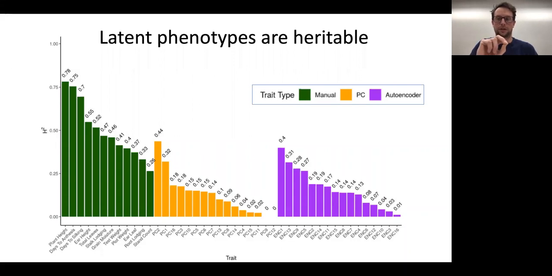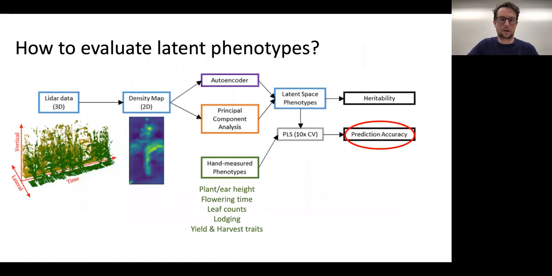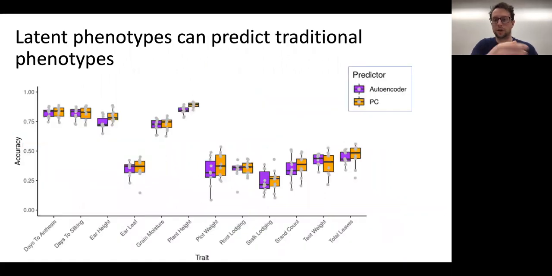We are only predicting the measured values. So in that case, it's not surprising to see prediction accuracies like these that are higher than the heritabilities, for instance. What would be interesting would be to see how well we can predict the BLUPs for these genotypes rather than the raw values.